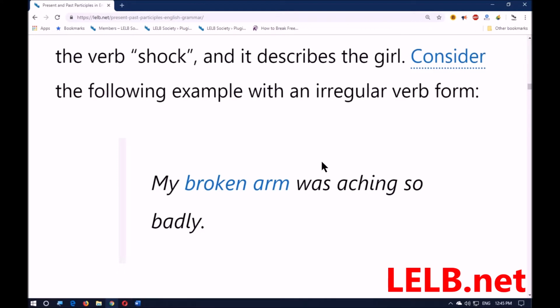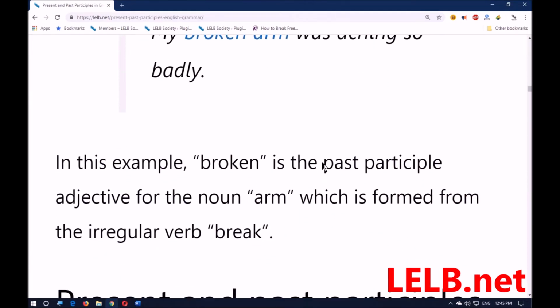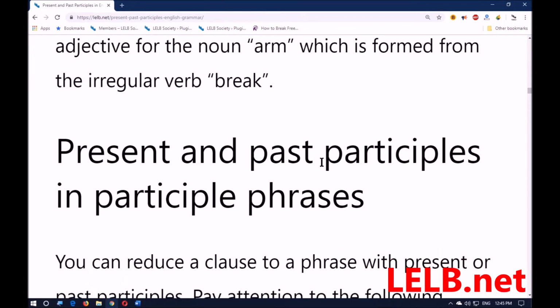So broken means something that has been broken. I mean the third form of the verb break. So in this example, broken is the past participle adjective for the noun arm. It modifies arm, which is formed from the irregular verb break.